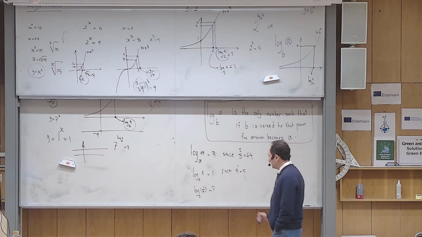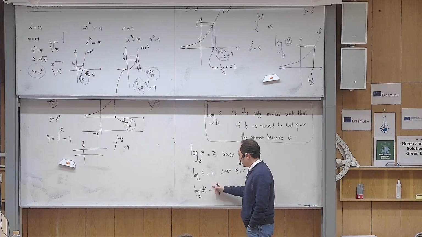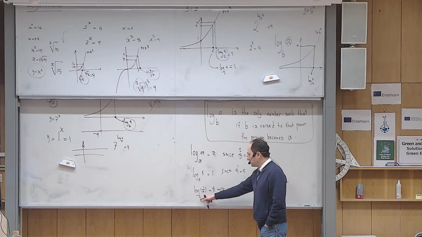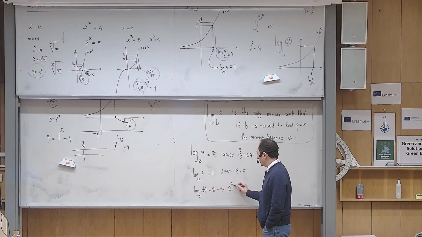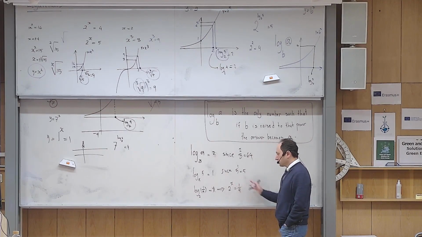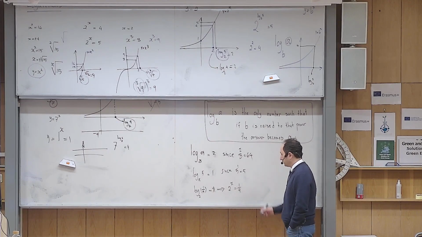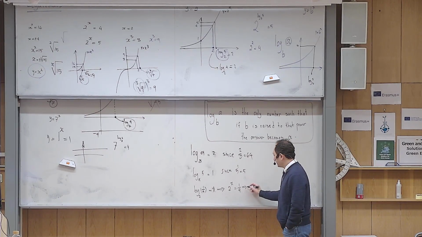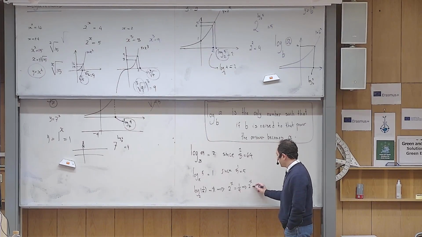If you can do it on top of your head, just write the answer. If not, write it as x. You are looking for x. Then it means 2 to the power of x is equal to 1 over 4. If you can guess, guess. Otherwise, you have to continue. Let us say I cannot guess. So what should I do? I go forward. Instead of 4, I write 2 to the power of 2.